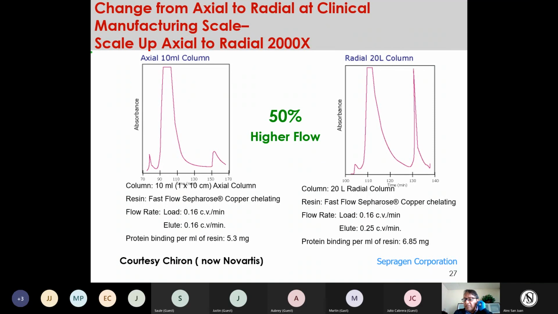We did 3 repetitive runs, found that the production and the product were exactly the same, and that change was made. We actually found, though we didn't implement it, that the protein binding capacity in the radial flow columns, because of how the flow goes, was much better because we are utilizing the column much more efficiently.